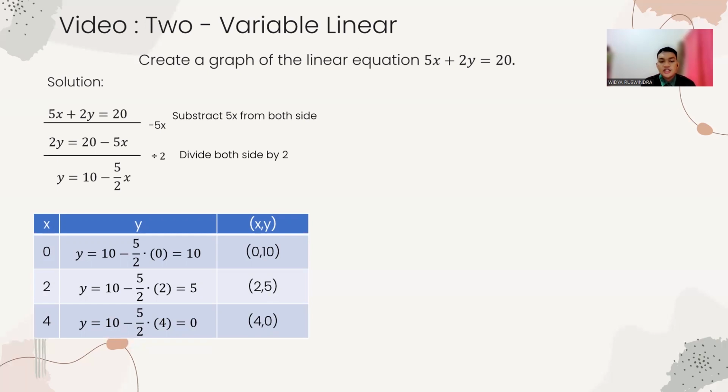And we get the coordinate (2, 5). Let's say the x value is 4, we get y equals 10 minus 5/2 times 4, which equals 0. And we get the coordinate (4, 0).